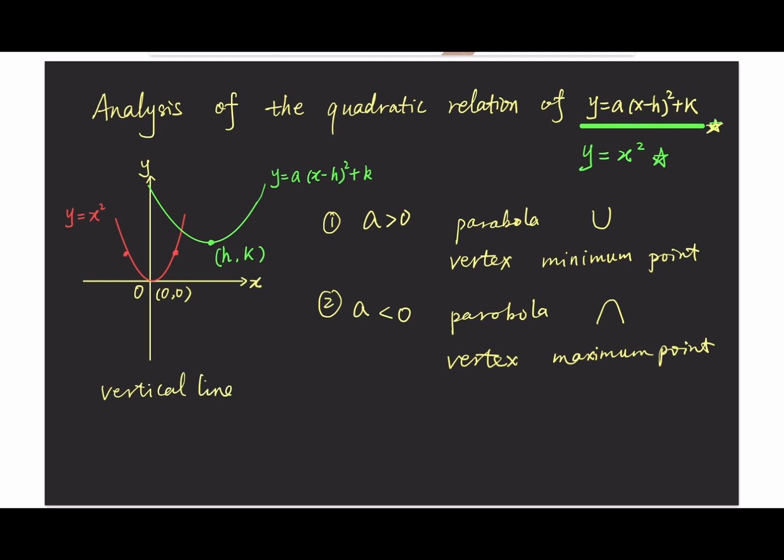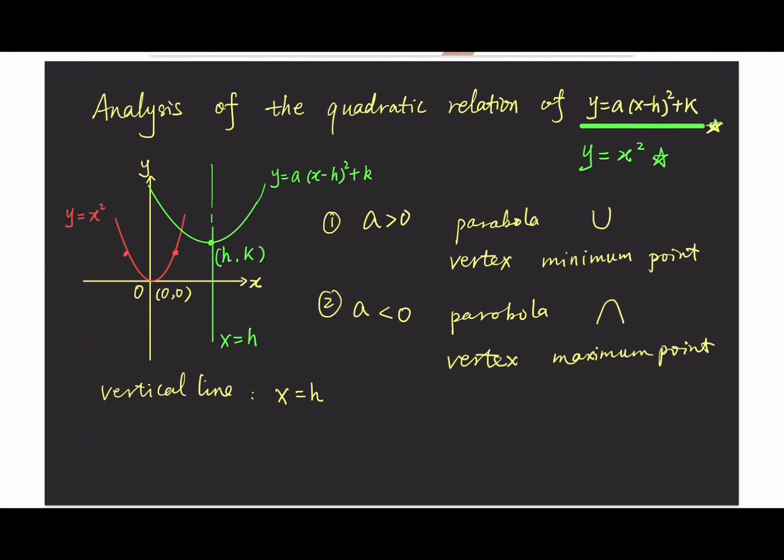This line can be represented by the equation x equals h. We say this vertical line x equals h represents the axis of symmetry.